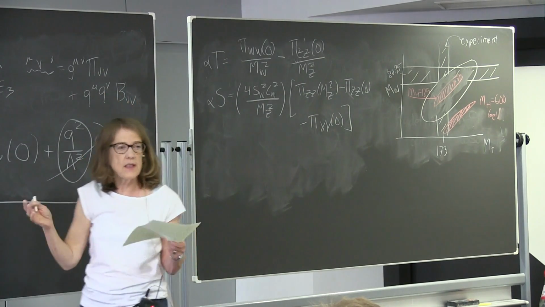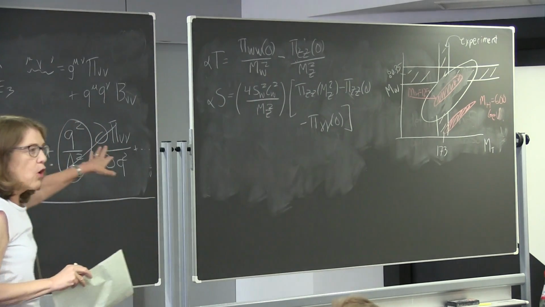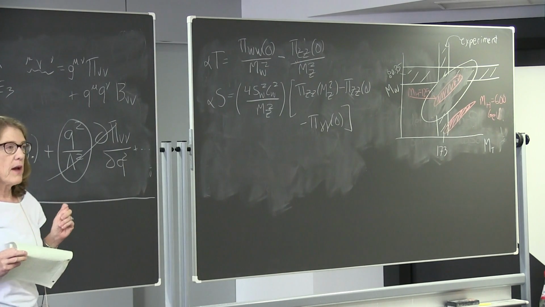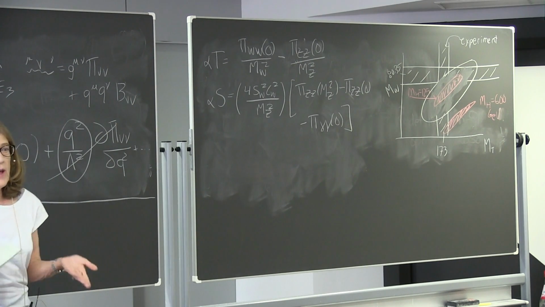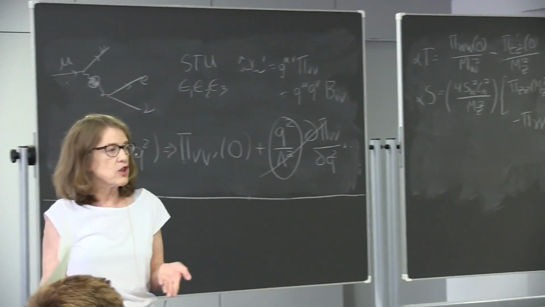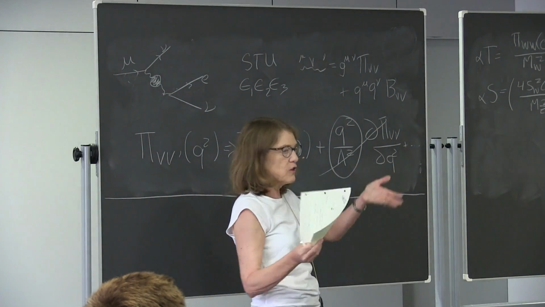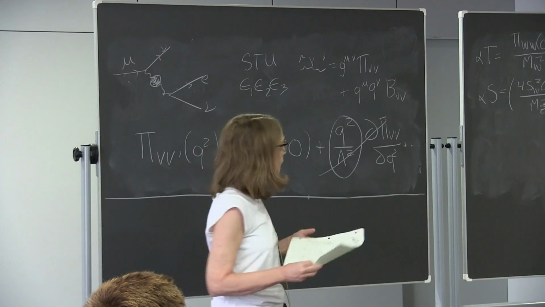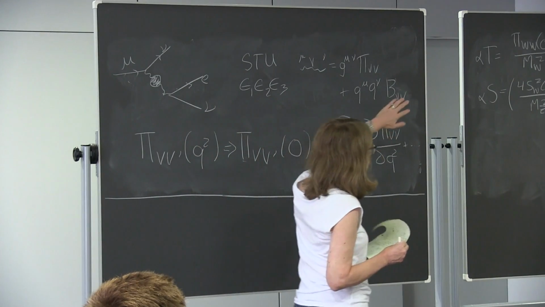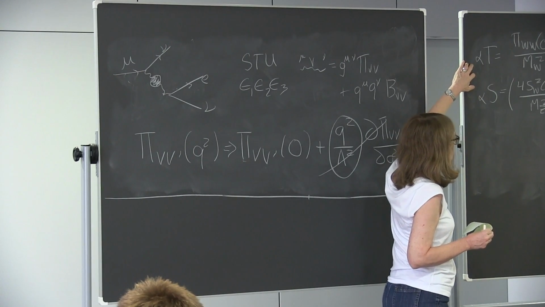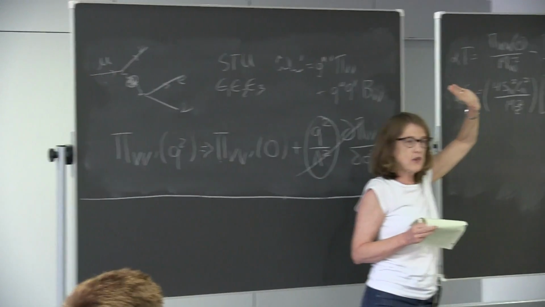So this thing that I pull out is just the coefficient of the g mu nu term. These are really easy to calculate for my new physics. All I got to do is calculate the two-point functions for the W and the Z. I put my new top partner into the loop and I calculate these guys. Okay, so alpha T is just the W two-point function at 0 minus the Z two-point function at 0.